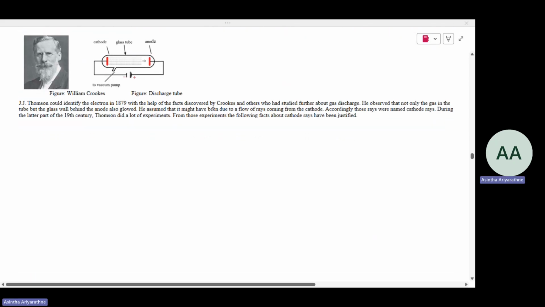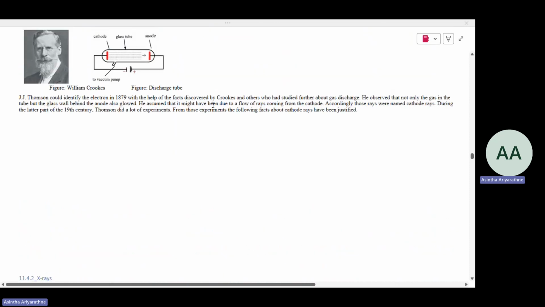From the experiment done by J.J. Thomson, he found that cathode rays are actually electrons.